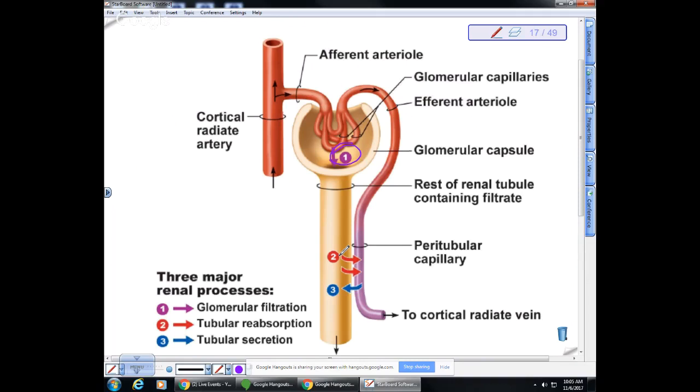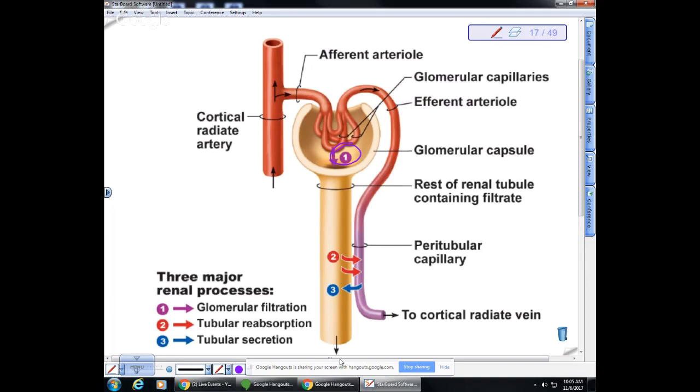Some of that is active transport, where we have to use energy to put it back into the circulation, because that's stuff that we do not want to lose. And then secretion is stuff that is still in the blood, did not come out during filtration, and it has to be put back into the nephron so that it can leave the kidney and go into the bladder, okay?